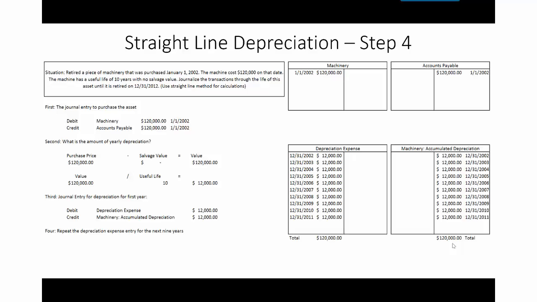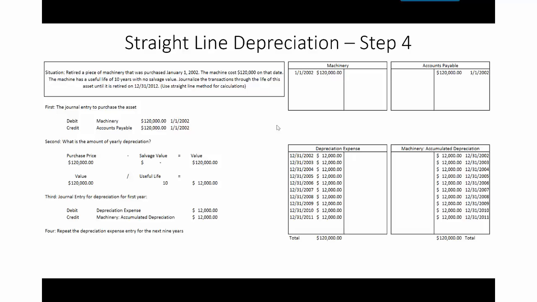So it's important to note that in 2012, for example, this piece of machinery will have no value on the books at all because it has that original purchase price of $120,000 and it has accumulated depreciation recorded for it, and that is $120,000. So they offset.